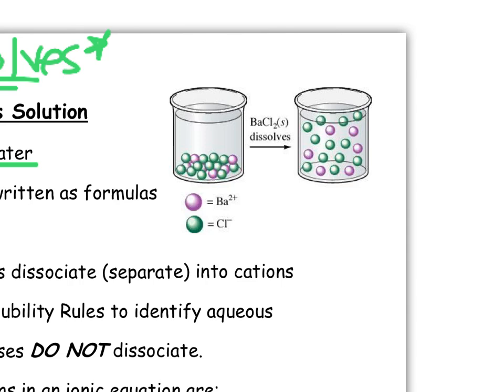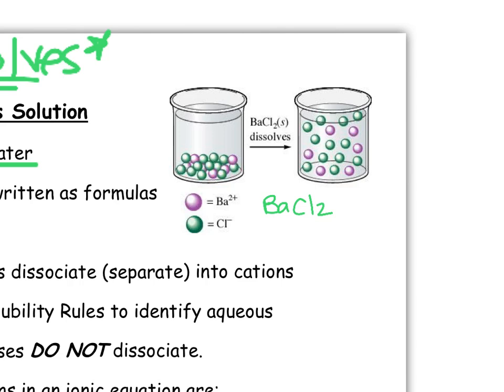Okay, so in this picture, what you can see happening is that I've got this barium chloride solid, right? And so when it's in the solid phase, it actually just settles to the bottom, right? But when I add it to water, when it dissolves, what it does is it takes the BaCl2 and it splits it.